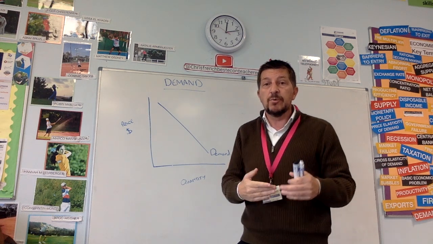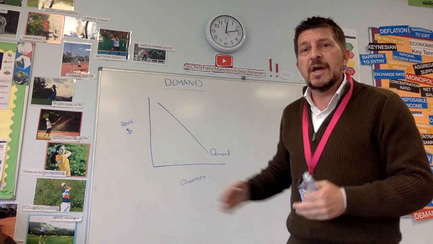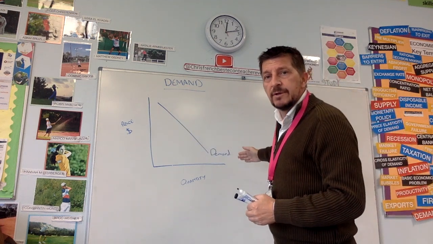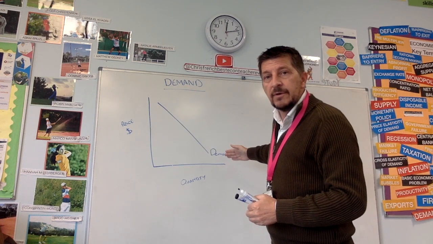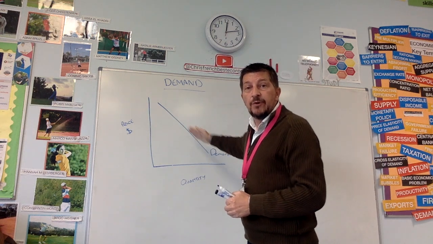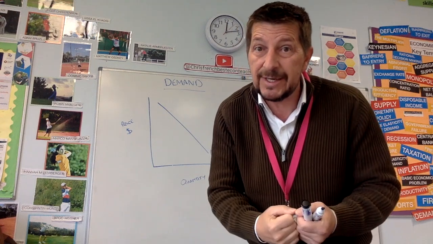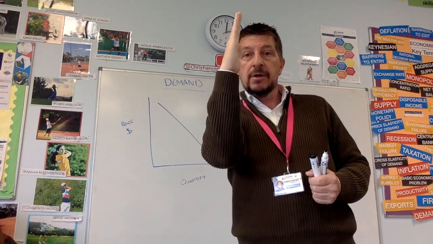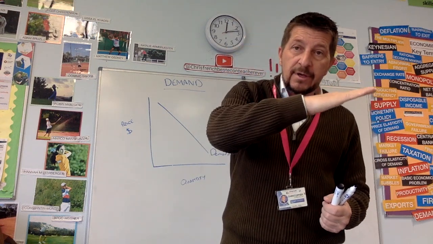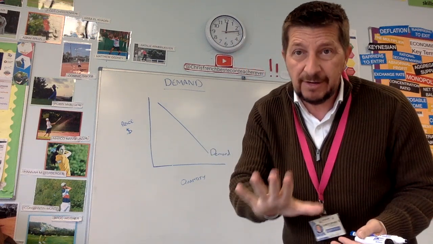So this relationship, which is called an inverse relationship, gives us a downward sloping demand curve. Okay? Now, I've just represented that as a 45-degree angle, but we know from elasticity and price elasticity that that angle can be steeper or flatter depending on the price elasticity of demand. But let's not leave that for the moment.